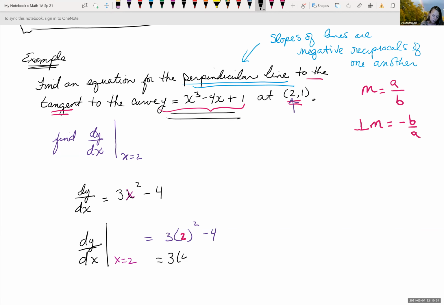So 3 times 4 minus 4 is 12 minus 4, which is 8. So my slope of the tangent line at x equals 2 is 8.